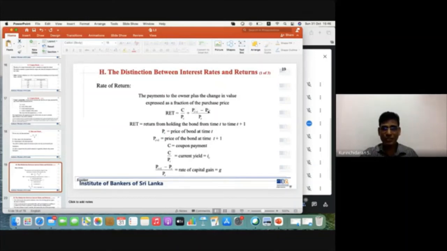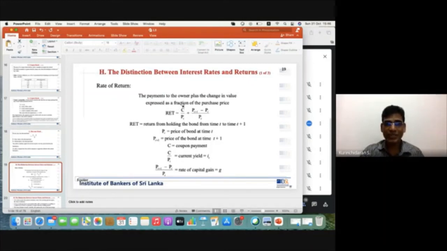That is the price difference. You take the price difference and divide by today's price, and you will get the capital gain percentage. I'm using capital gain as a word to help you all understand, right? If you add these two components, you will get the return.